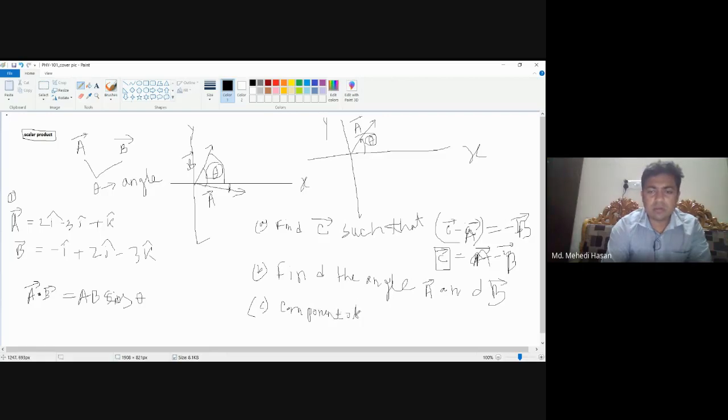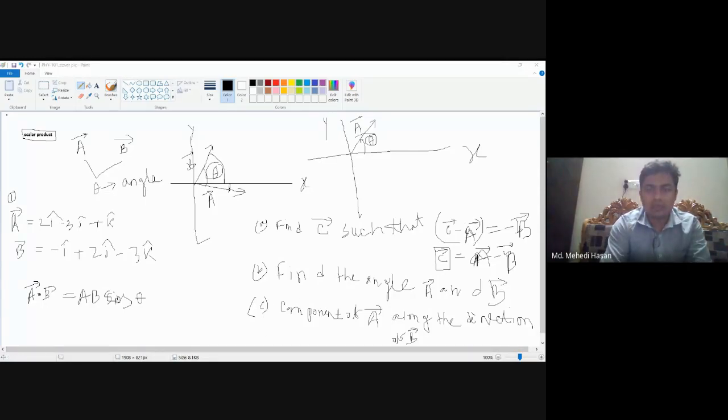component of vector A along the direction of B. Okay, or you can say find the projection of vector A along the direction of B, or the perpendicular component of A along the direction of vector B. So this is question number C. So this is one set of questions.